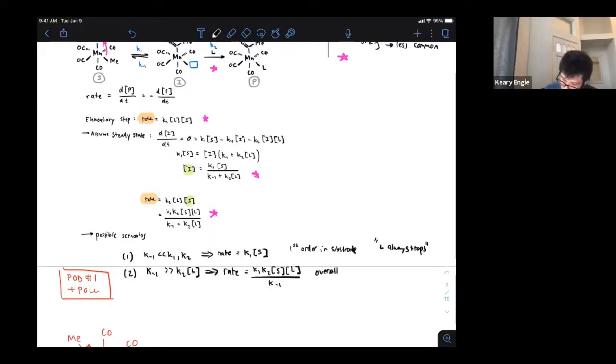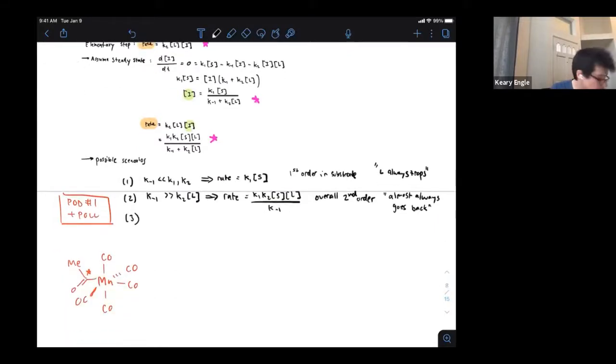And in this case, now you have a different overall rate law. You have overall second order kinetics, where it's first order in substrate and first order in ligand. And we'll call this "almost always goes back." And then this third scenario is somewhere in the middle.